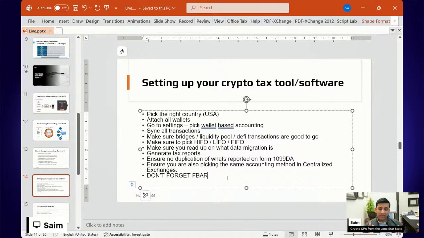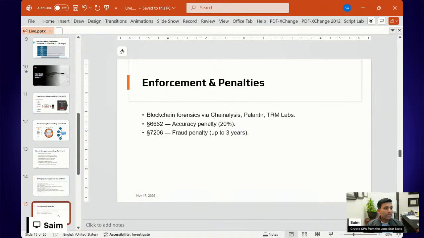Make sure if you have more than $10,000 cumulatively in all of those exchanges, including all your banks and everywhere else, at any point during the year, you need to do the FBAR filing. It's just reporting.